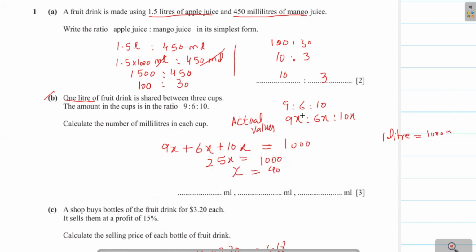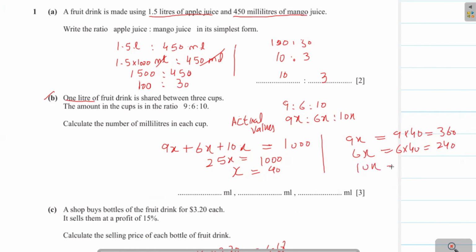And the first cup's actual value is 9x. The actual value becomes 9 into 40 because x is 40. Therefore, we write 360. And 6x, we can write as 6 into 40, and this will be equal to 240.